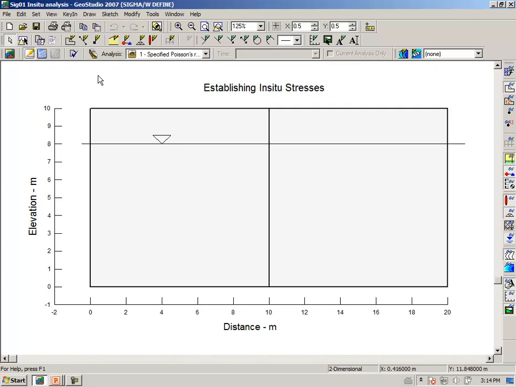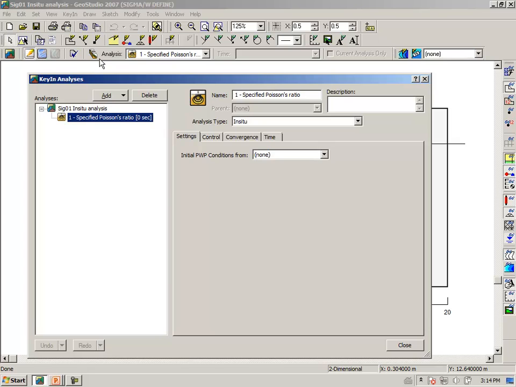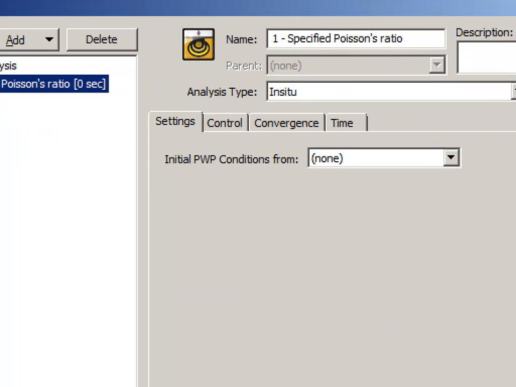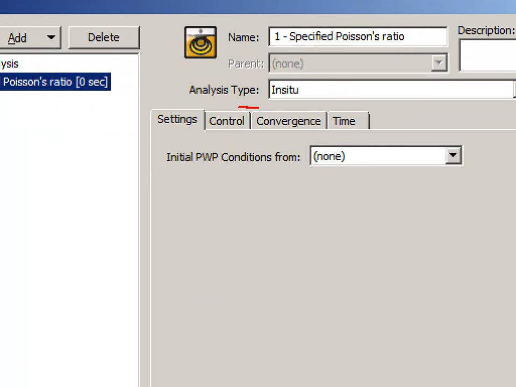To begin with then, under the icon Key in Analyses, notice that we have an analysis type, and we have selected the in situ analysis from the drop-down list. So we are doing an in situ analysis here. In this particular case, we are asked, where do the initial pore water pressure conditions come from?